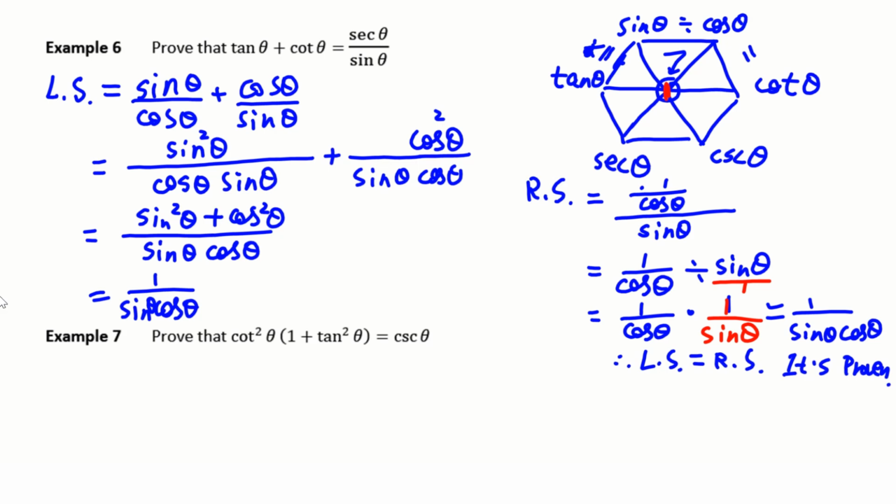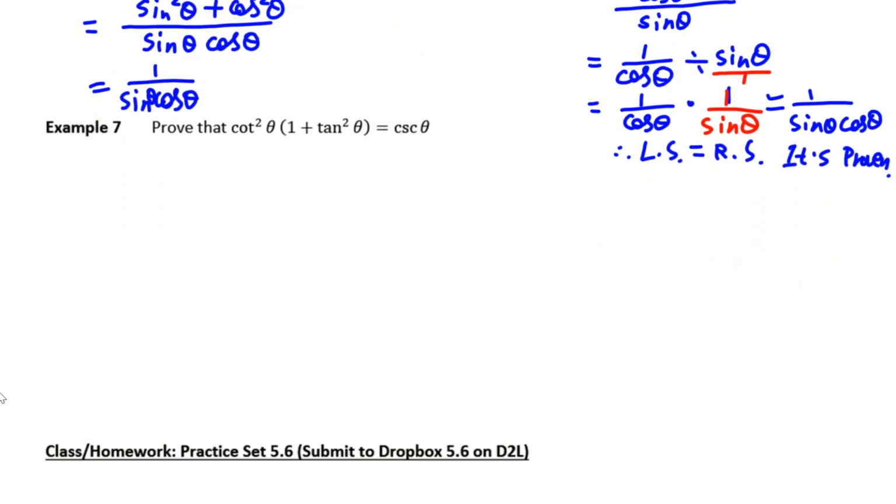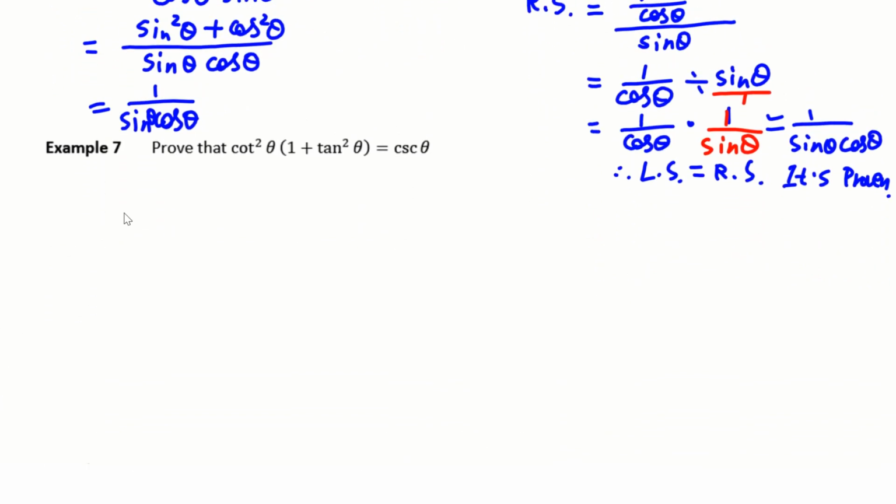So for the last one, we start from both sides and change them to something identical. For this one, you will see that the left side is more complicated, so we start from the left side. Again, you have 3 ratios that we are not quite familiar with.